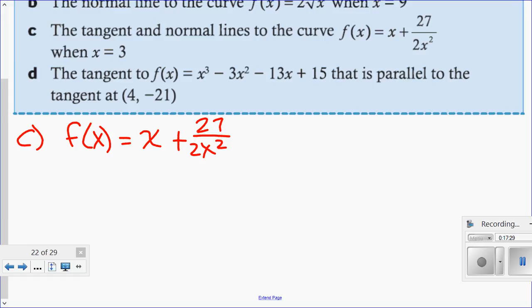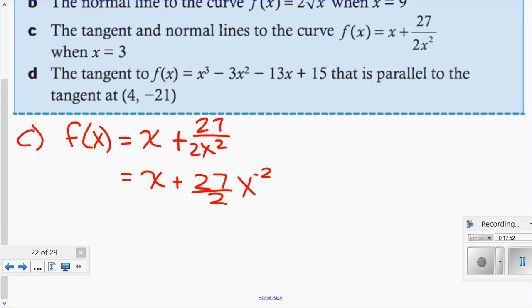My x is in the denominator, so I need to bring it up. So 27 over 2, the 2 stays in the denominator, just the x comes out. You don't have to restrict it because it's not in parentheses. And now that becomes a -2.